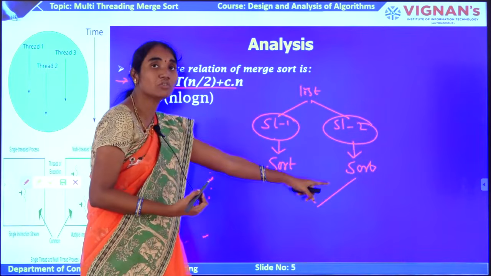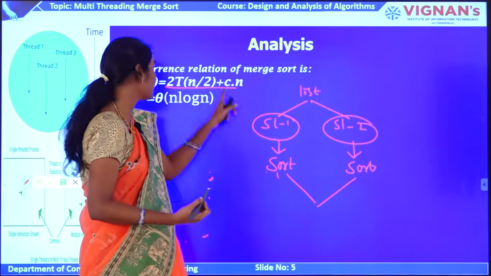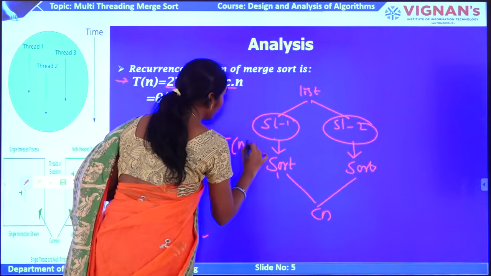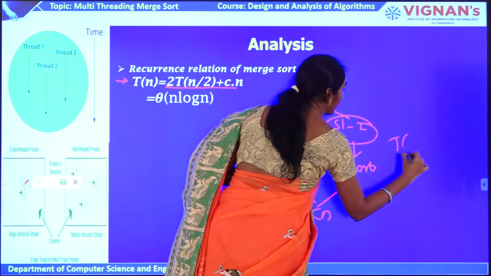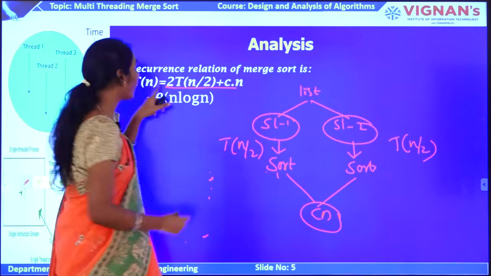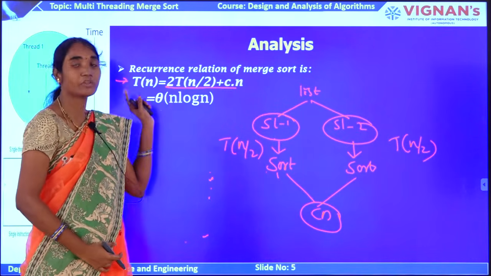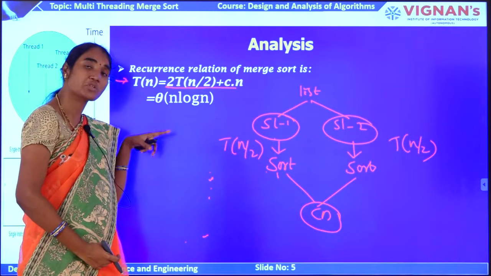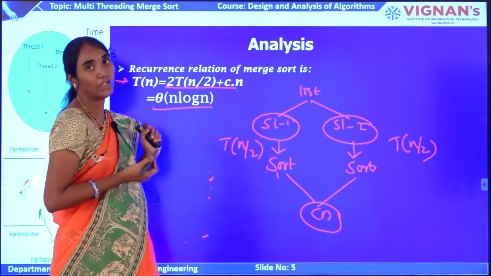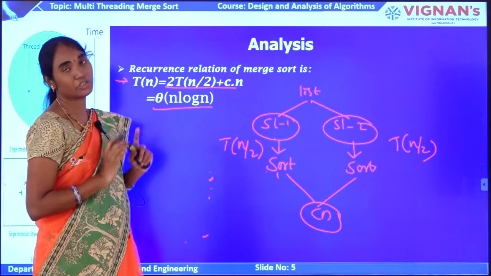So together the time required is 2T of n by 2 plus Cn. Now if I solve it by either the substitution method or Master's theorem, I get theta of n log n. That is the serial version, right?